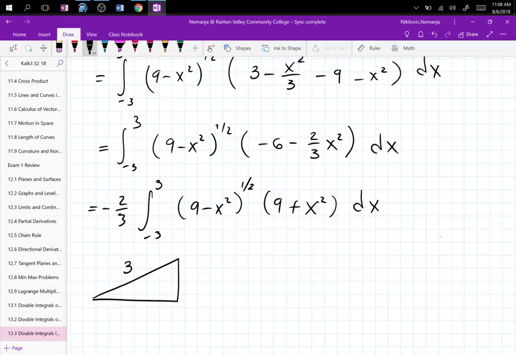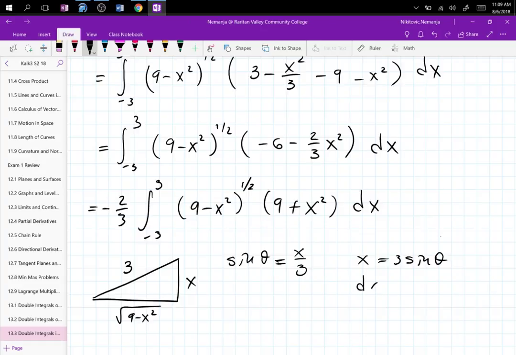3, and then we put x over here. So this is the square root of 9 minus x squared. So we have a cosine and a sine and cosine. So sine theta is going to be x over 3. x is 3 sine theta, dx is 3 cosine theta d theta.